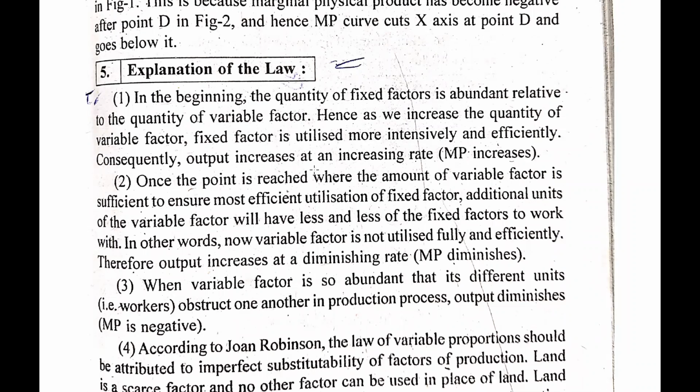So guys, as we know, in this law there are three different stages. In the beginning, as we increase the number of labors, we will get increased production, increased marginal rate of return, and also increased average return.